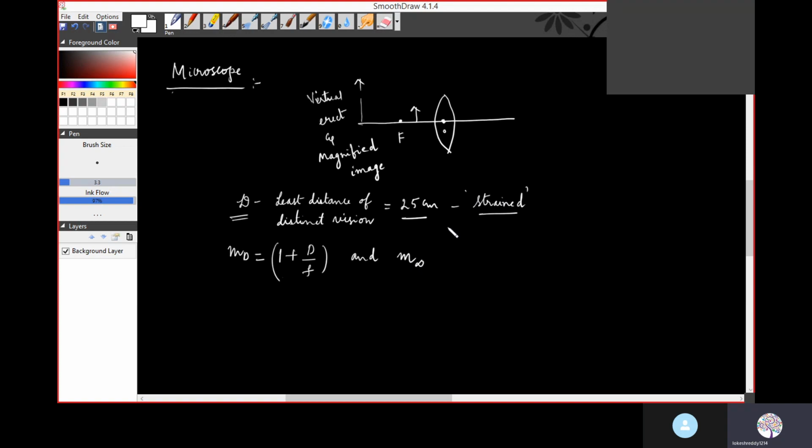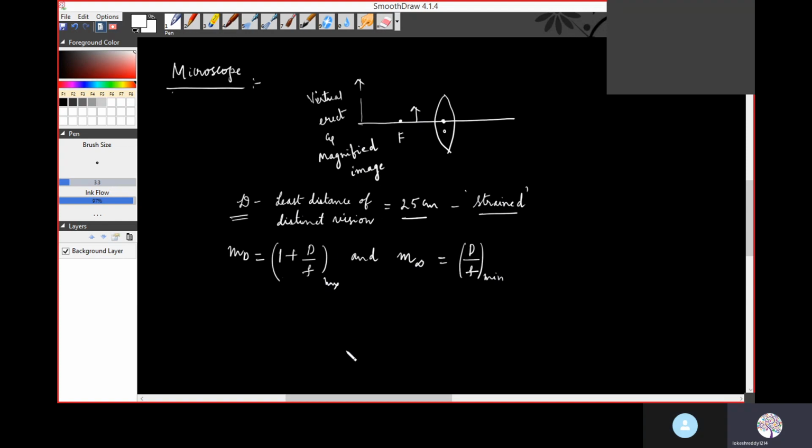If it is forming at infinity, it is D by f. D by f is minimum and 1 plus D by f is maximum, because you are adding 1. When it is forming at infinity, it has to form at the focus.